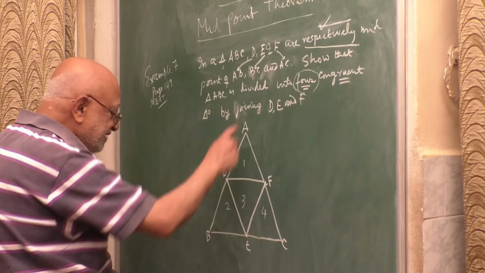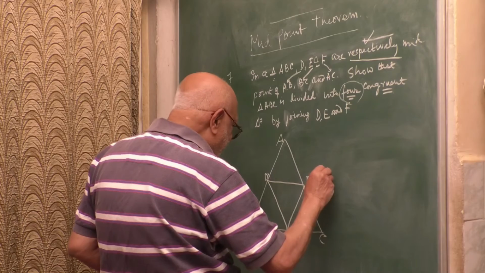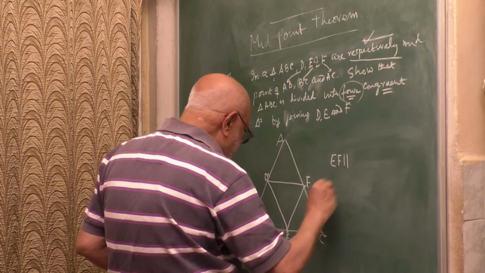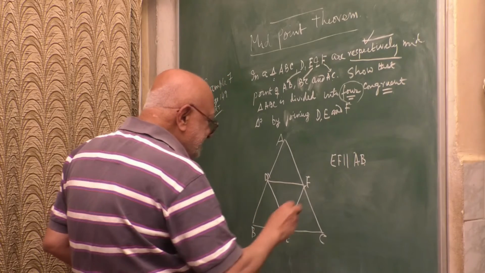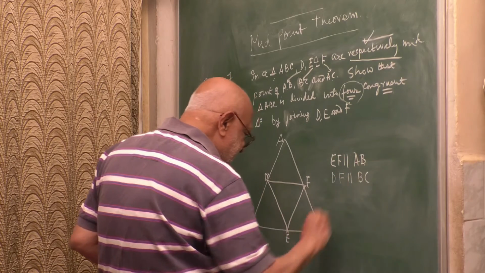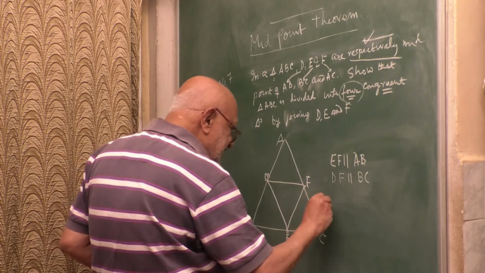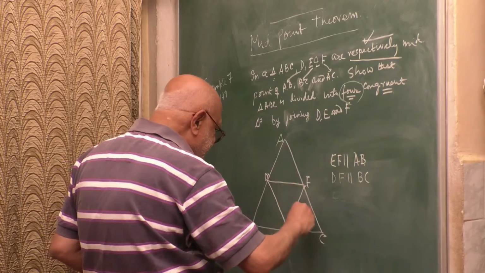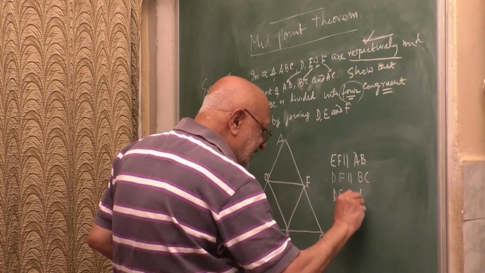Okay, what do we do? We start with AB first. If you see AB, this EF is parallel to AB. DF is parallel to BC, and I have already taken AC, so DE is parallel to AC.